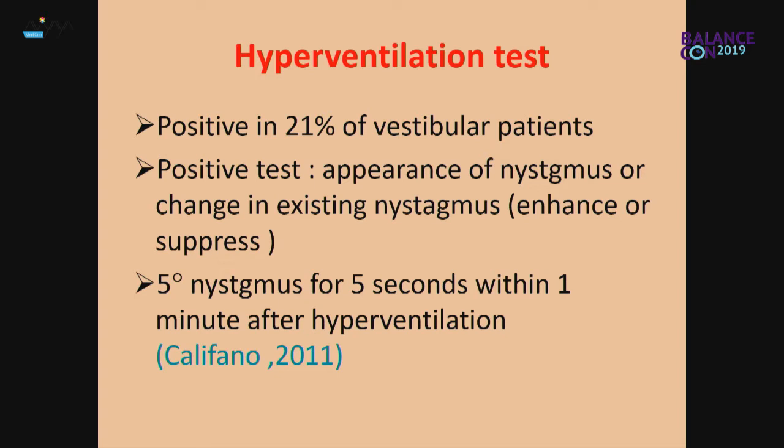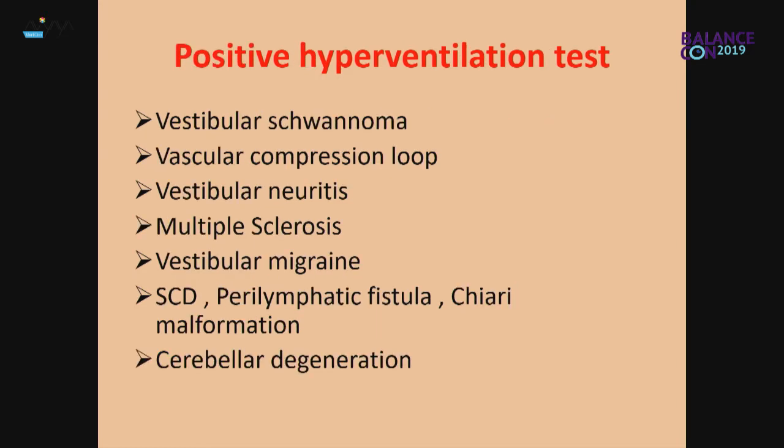But as a starting point, it's a very reliable definition. So what does a positive hyperventilation test mean? It can occur with vestibular schwannoma, vascular compression, vestibular neuritis, multiple sclerosis, vestibular migraine, perilymphatic fistula, and Chiari malformation or cerebellar degenerations.